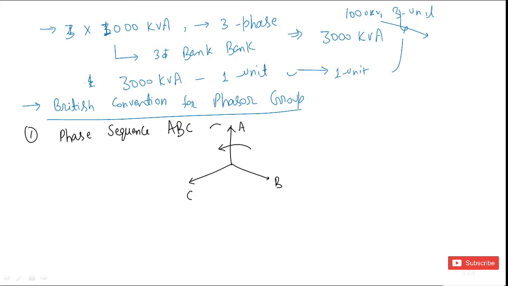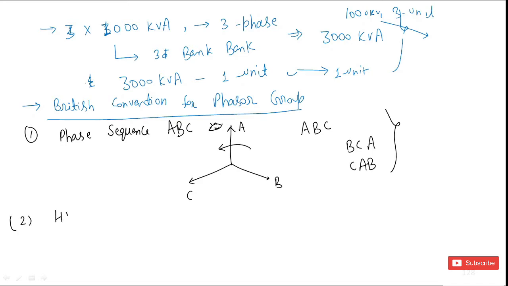If the observer is here, he will observe A, then B, then C. So the phase sequence is ABC, or you can say BCA, or you can say CAB. All are the same.